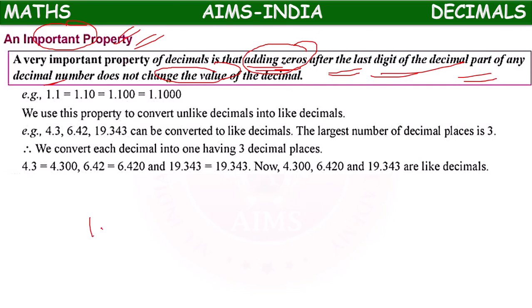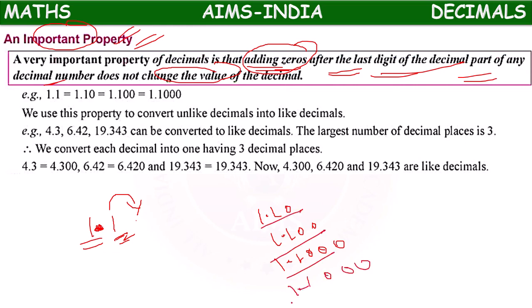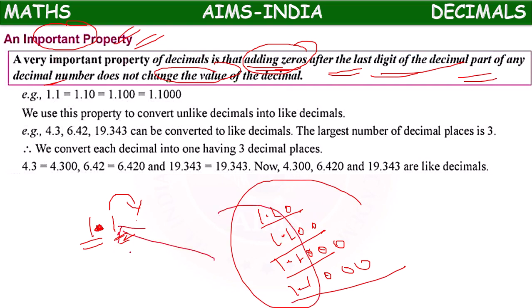If we have 1.1, here the whole number part is 1, the decimal part is 1. After the decimal part, we can add 1 zero, or 2 zeros, or 3 zeros, or 4 zeros, but the value does not change. All of them are equal to 1.1.